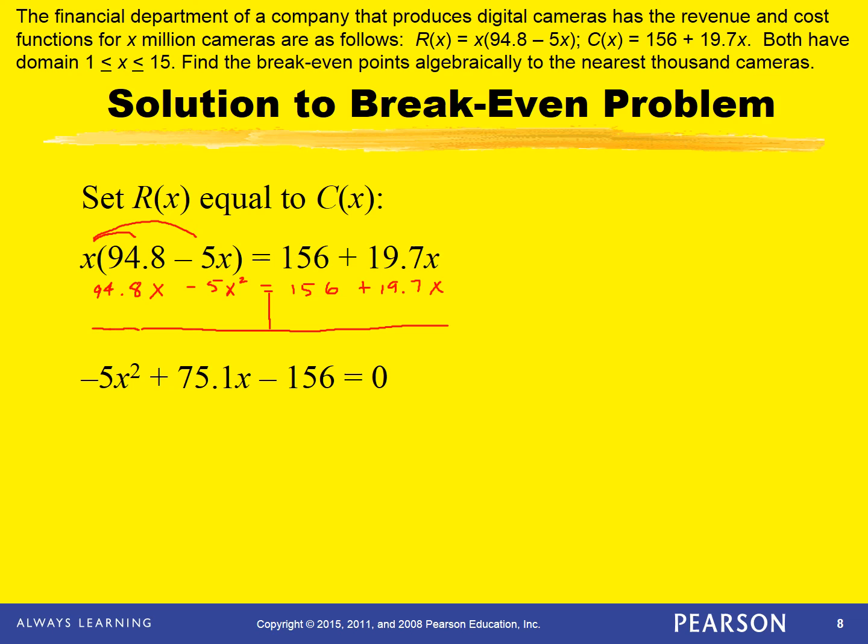We're going to get everything on the left side. So we're going to subtract 19.7x from both sides. And we're going to add 156 to both sides. I'm sorry, subtract.